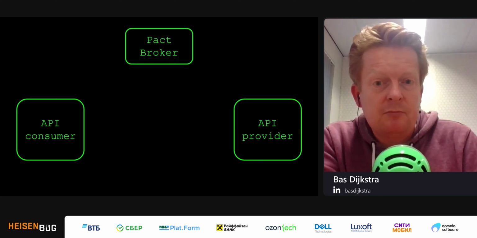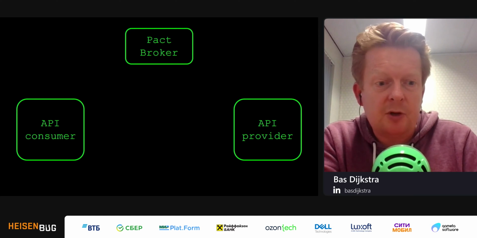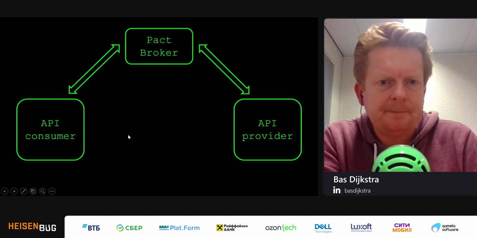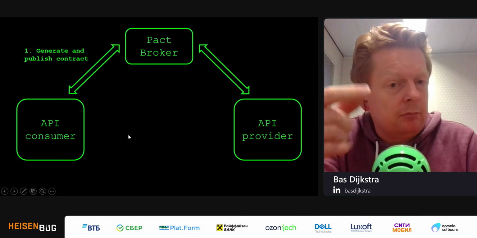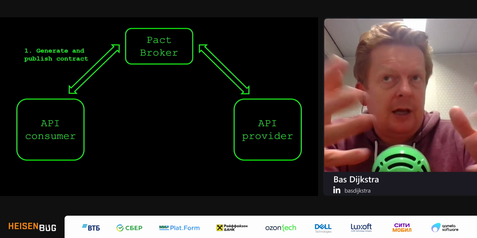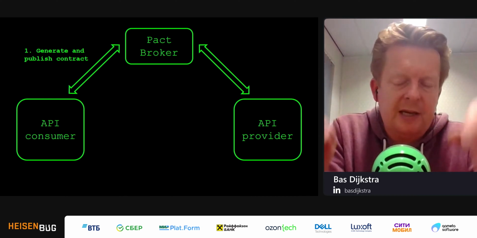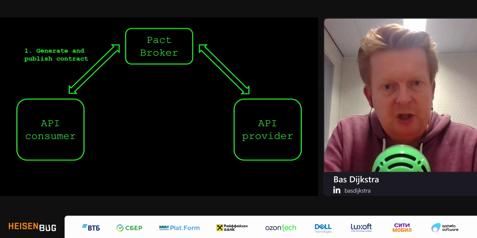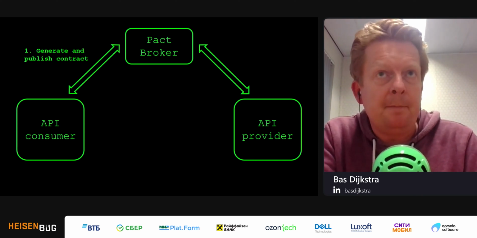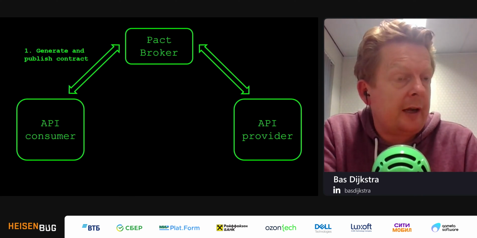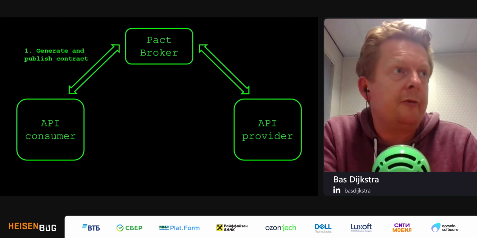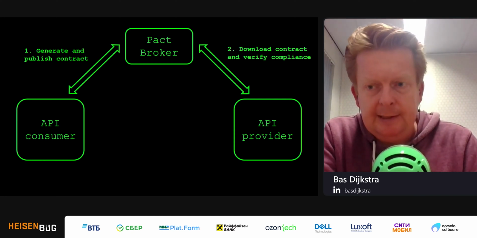So the way this mechanism works, briefly: we have a consumer and a provider with the Pact broker in between. The consumer generates the contract, which is what we've seen. But instead of manually copying and pasting it to somewhere else, you publish it to the broker. And that can all be automated, again, using Maven plugins or via REST API calls.